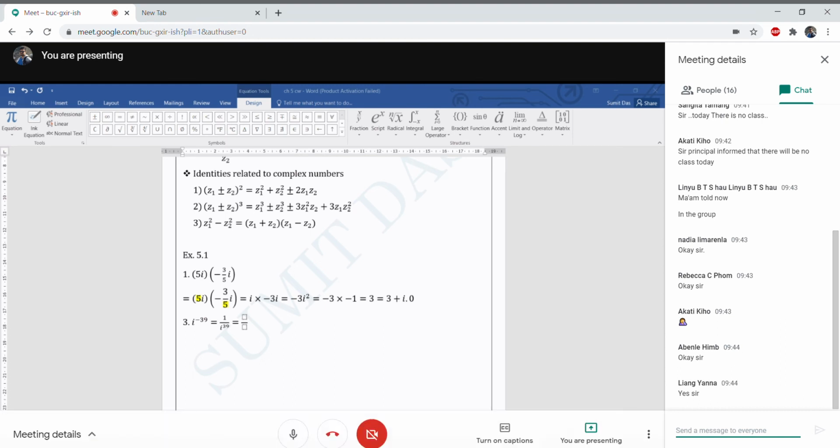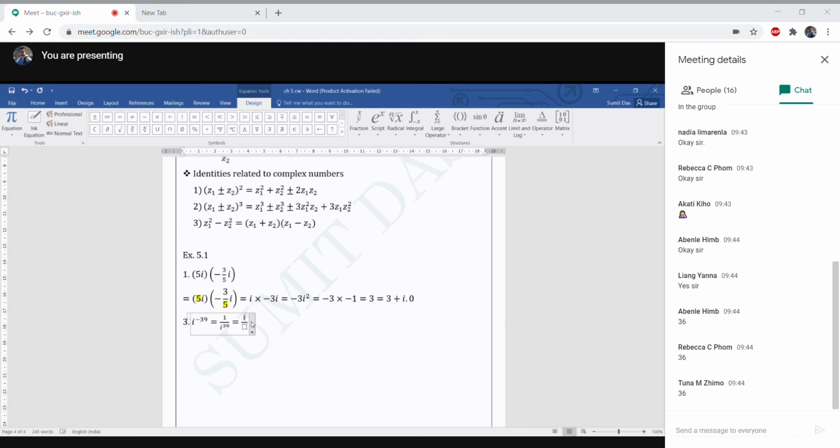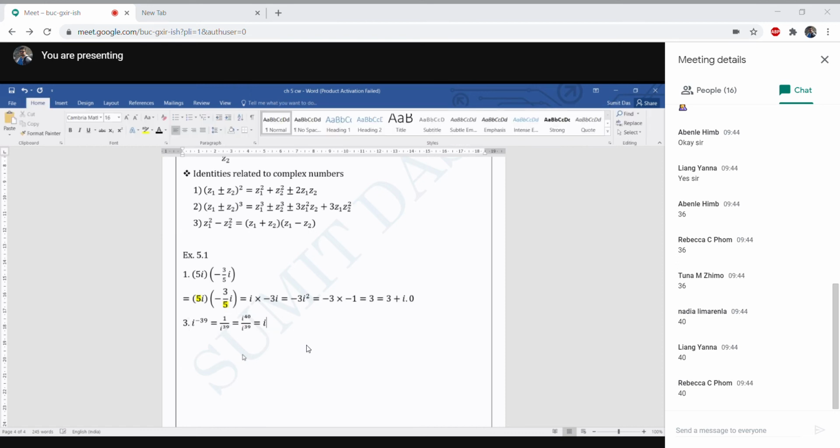So let me know the number, nearest to 39 and more than 39. It will be 40. So i to the power 40 value will be 1, and i to the power 39, if you simplify this one, the value will be i. So i will be written as 0 plus i into 1.